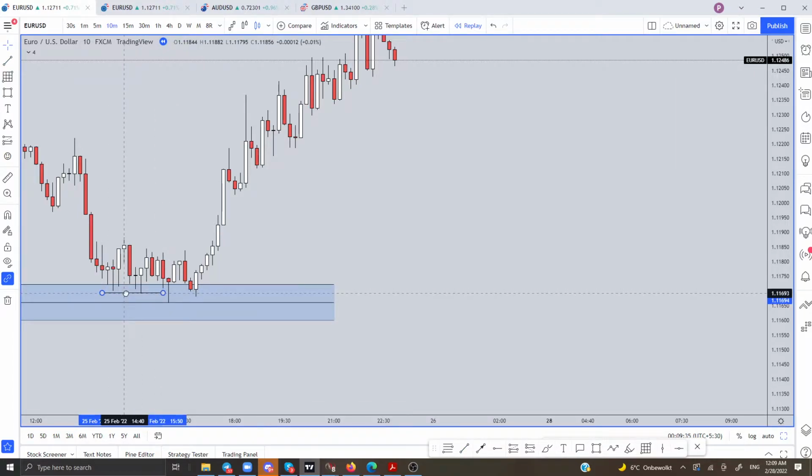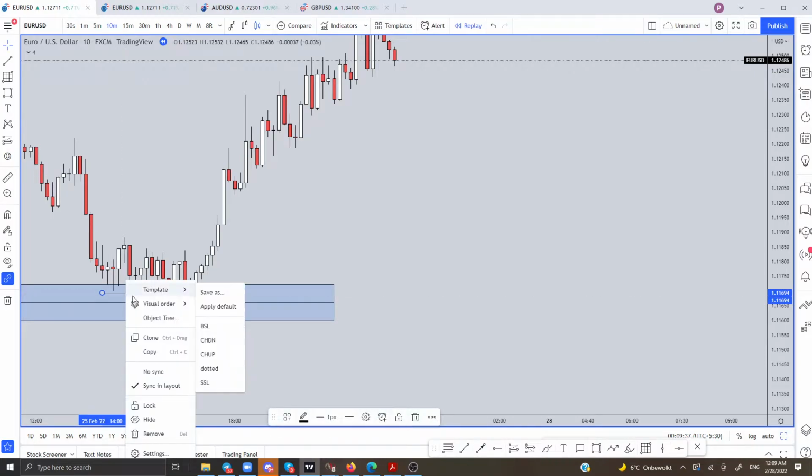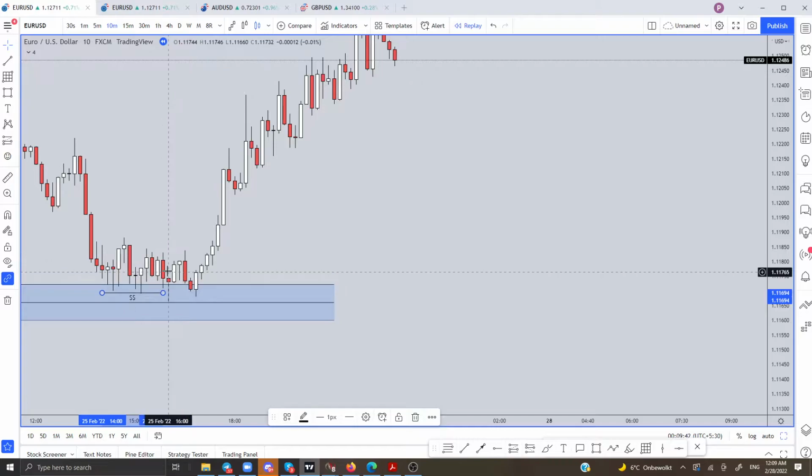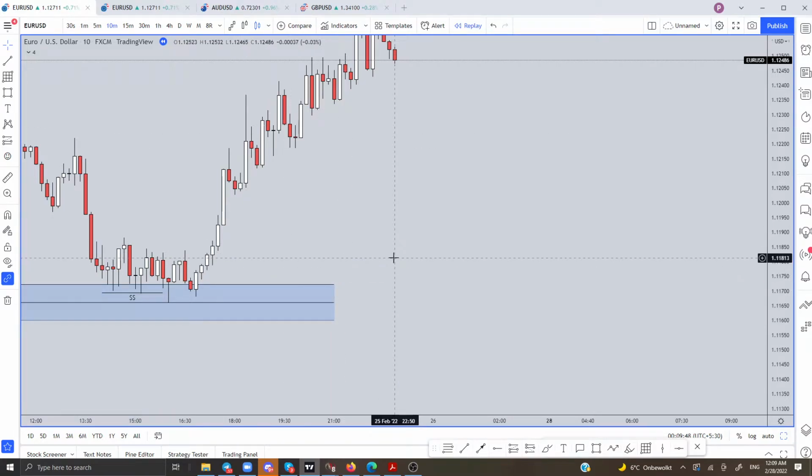You can just mark a little bit. These are all sell side liquidity it took, and then the price came here again and it went up. But how is this trade valid if we look into the order flow footprint? I will open a 10-minute footprint chart to get confirmation whether sellers are really trapped or not.